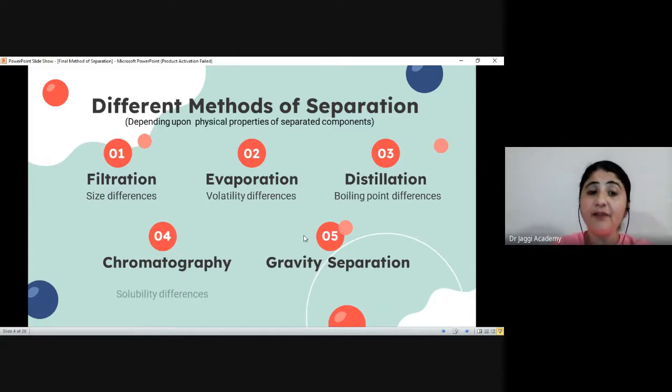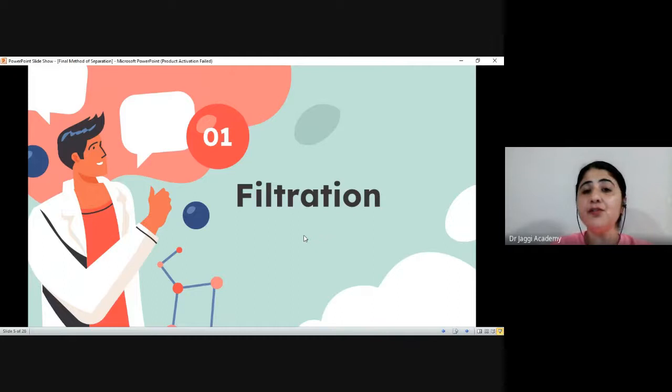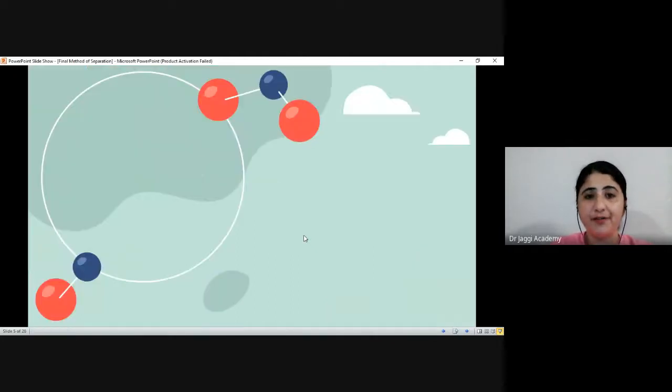In chromatography, the components have different solubility in different solvents. Lastly, in gravity separation, the components have different densities. So these are the five methods of separation, and we will discuss them one by one in the next slides. First of all, what is filtration?